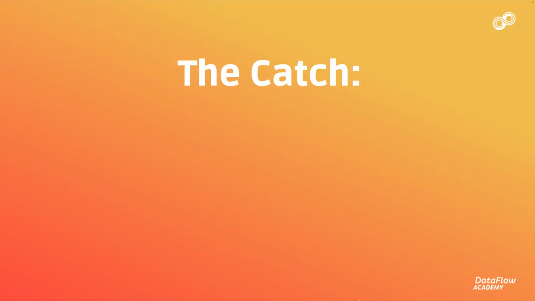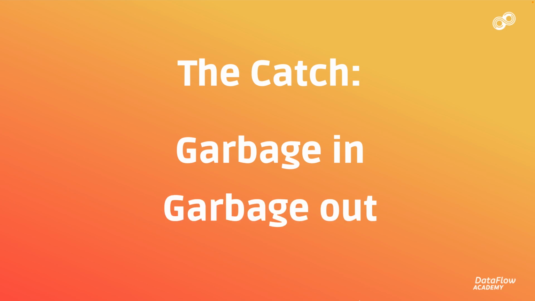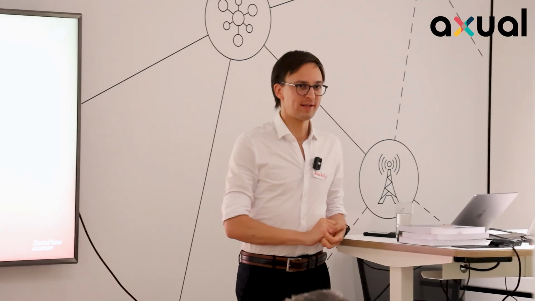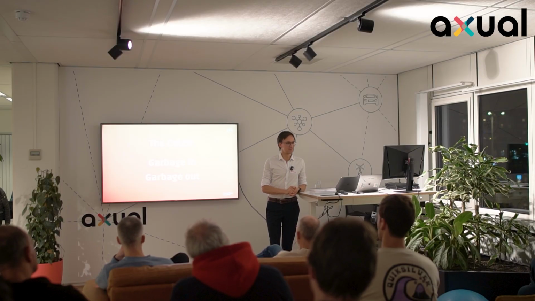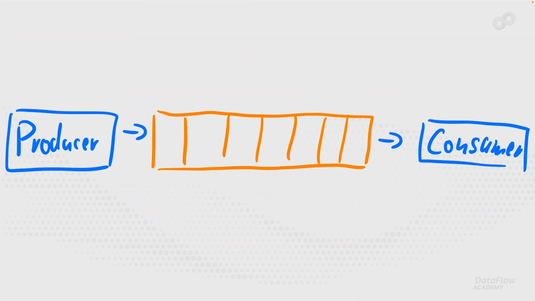The problem with not caring is the garbage in, garbage out problem. If you produce garbage data into Kafka, your consumers will get garbage out and maybe explode. Let's just look at one producer, one partition, and one consumer.